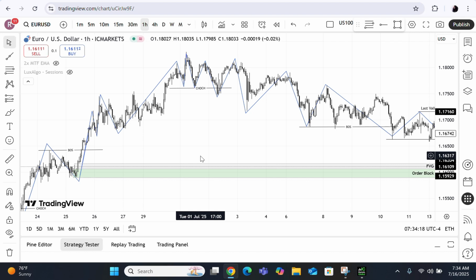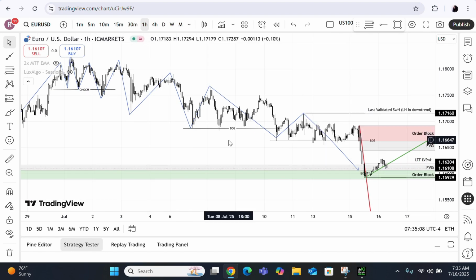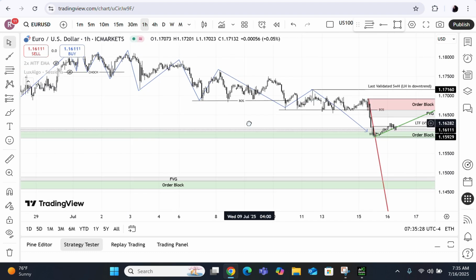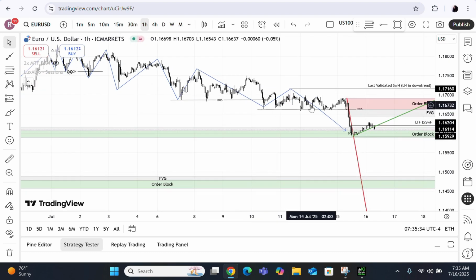So the strategy that I will be using is based on market structure, and I got a lot of knowledge on market structure from Lewis Kelly's YouTube page. So you can definitely head over to his channel to get more information about how to map out swing highs and swing lows, what is a break of structure, what is a change of character, and all of the different aspects of market structure.